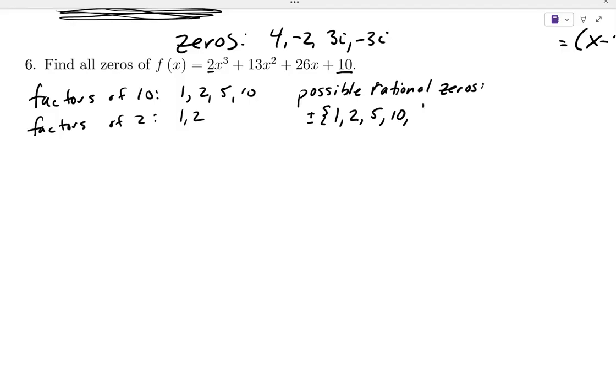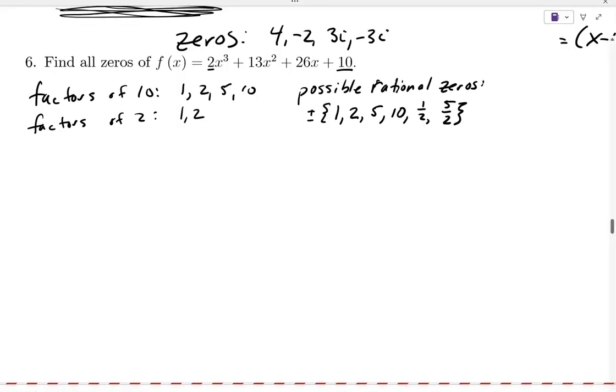And then we'll also do 1 over 2. 2 over 2 is 1, which we already have in the list, so we don't need to relist it. 5 over 2, and then 10 over 2, which is 5, and we already have that in the list. So we only have 6 possible zeros, and then plus or minus those, so I guess technically we have 12 possible rational zeros. So what we need to do is figure out which one or ones might be what we want to use.